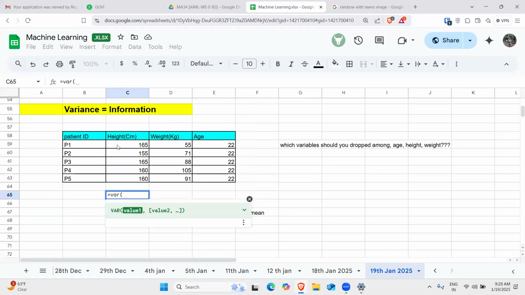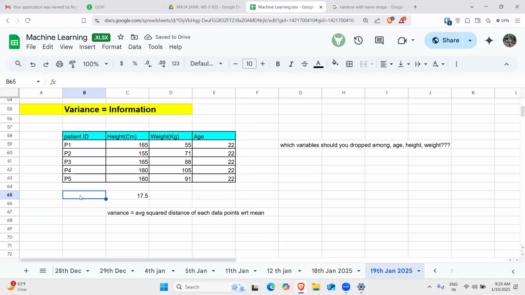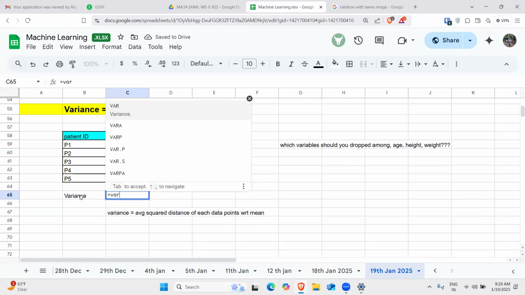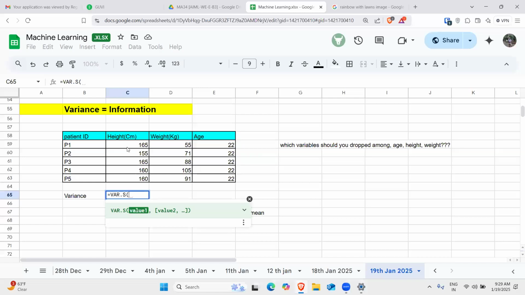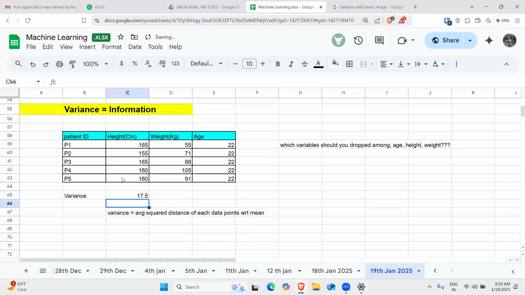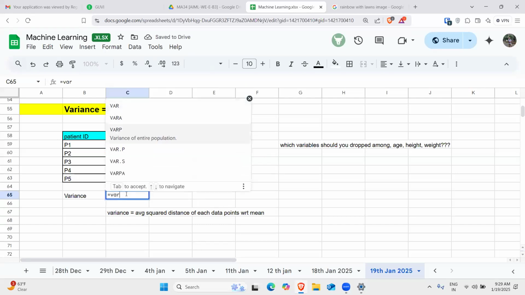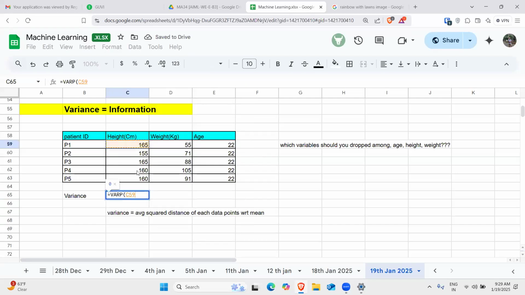Let's use that. The variance of this would be 17.5, right? I think it's the entire population variance, VAR.S, for 165, 155, 165, 160, 160. It should be 14, I think. Yeah, it should be 14.